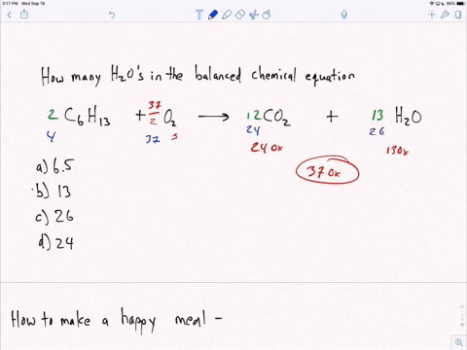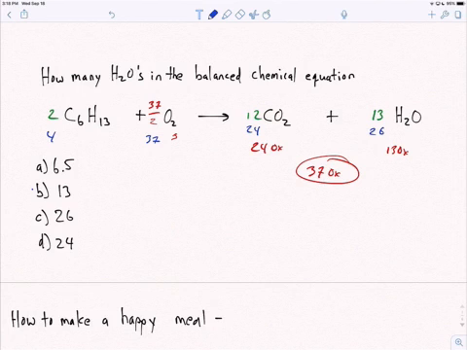And then you did the carbon second. So this is 12, and this becomes 13. So 2 times C6H13 plus O2, 12.